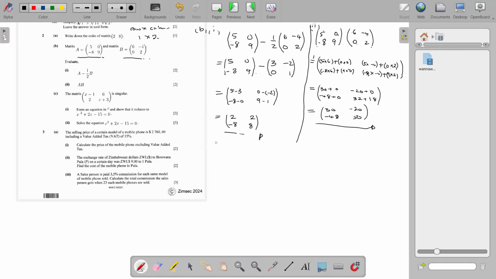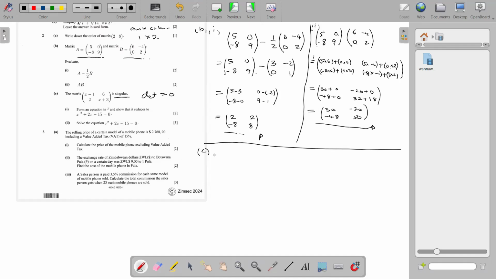Then we go to part C. Part C, what are they saying? The matrix is singular. If it's a singular matrix, it means its determinant is equal to 0. So to get the determinant of this matrix, it is this times this, subtract this times this.